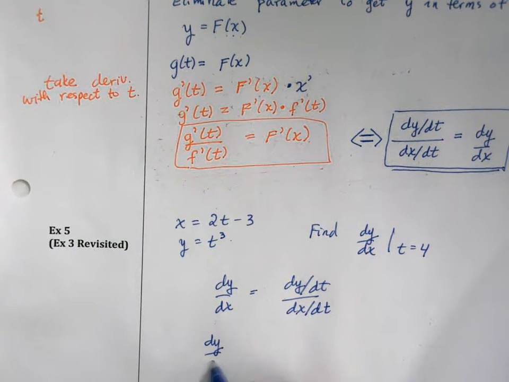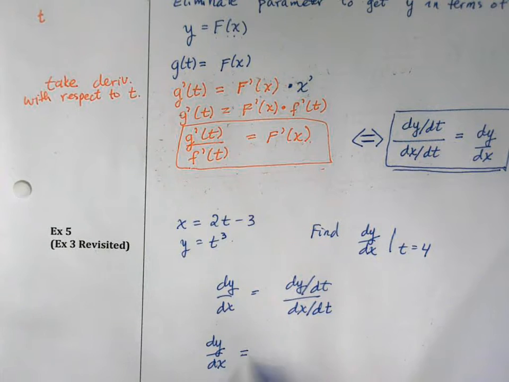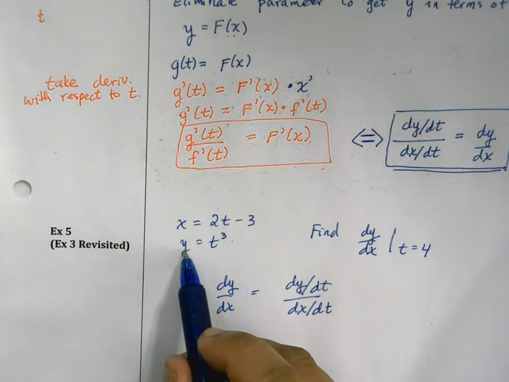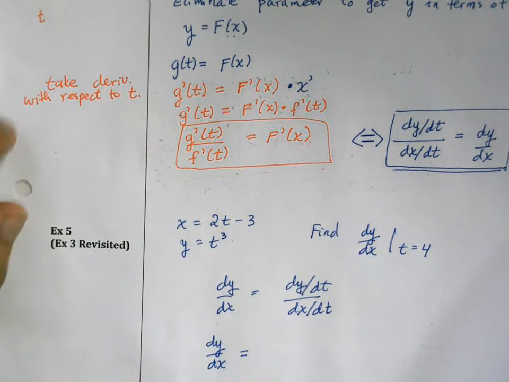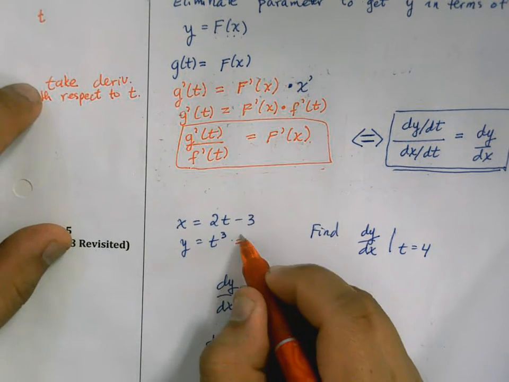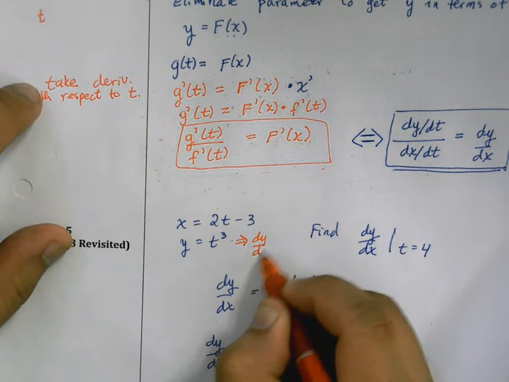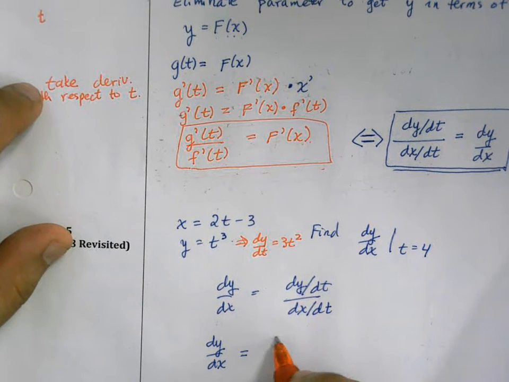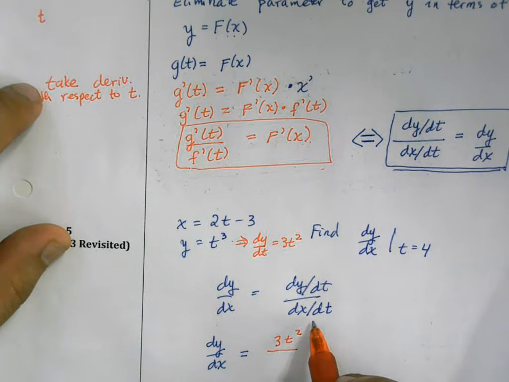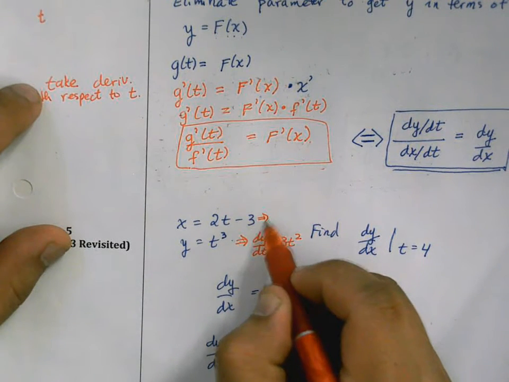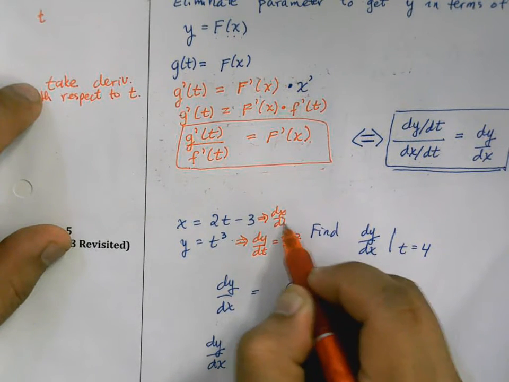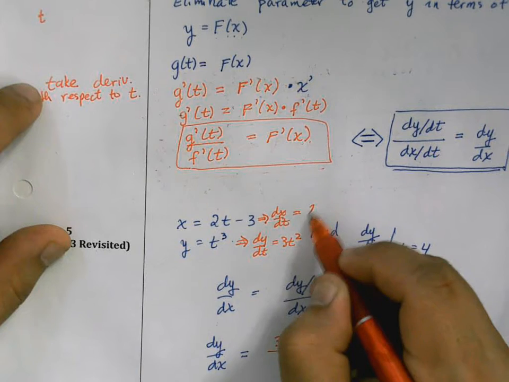So dy/dx is equal to the derivative of y with respect to t. If I were to take this function here and find the derivative of y with respect to t, I would get 3t squared. So this is equal to 3t squared over dx/dt, the derivative of x with respect to t. dx/dt in this case is equal to 2.